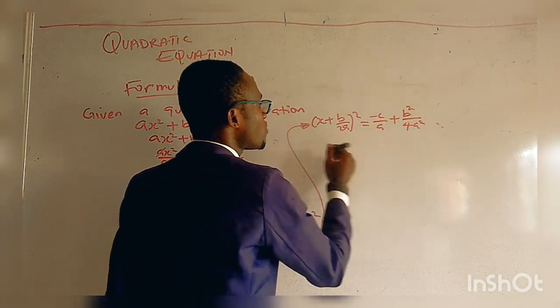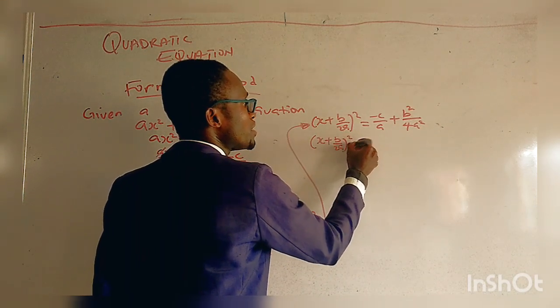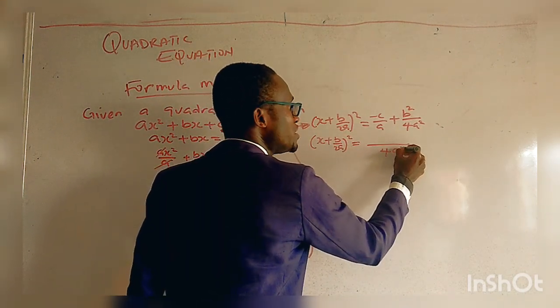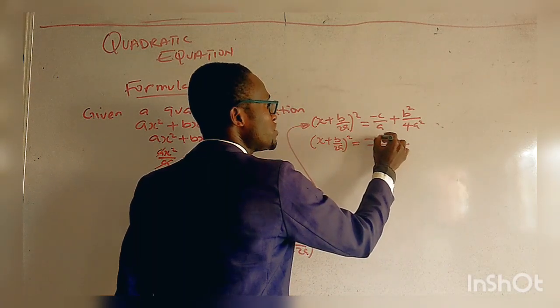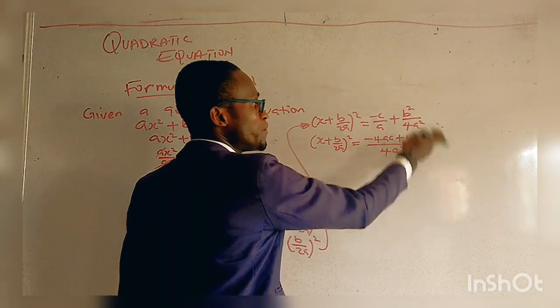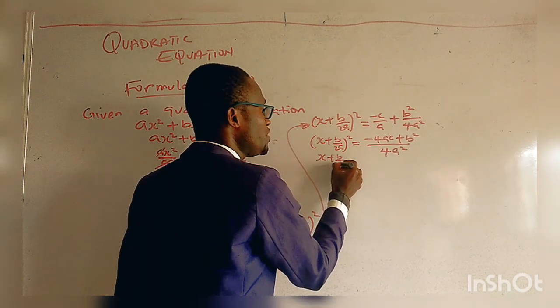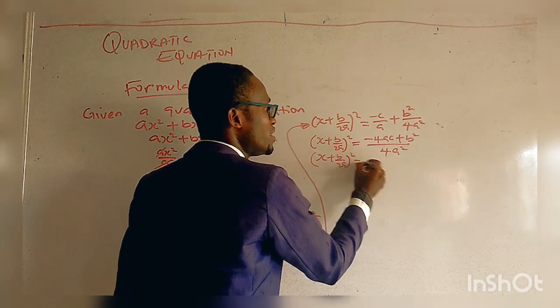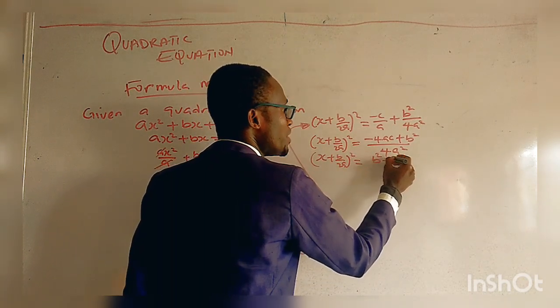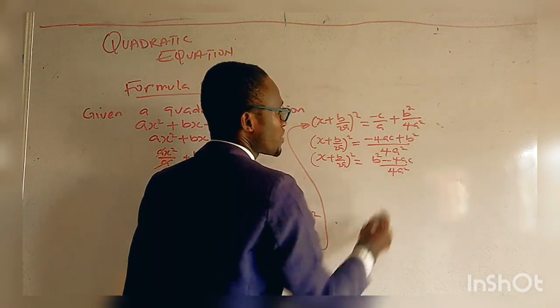We now make use of our LCM: (x + b/2a)² equals minus 4ac plus b squared, all over 4a squared. Bringing this forward and taking the other one backward, (x + b/2a)² equals b squared minus 4ac all over 4a squared.